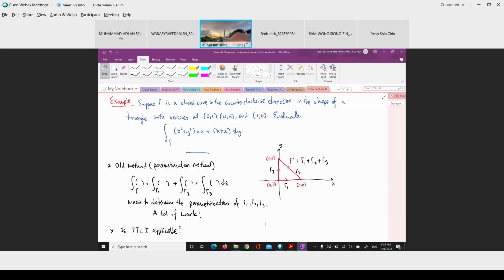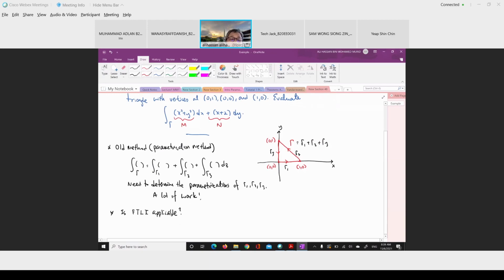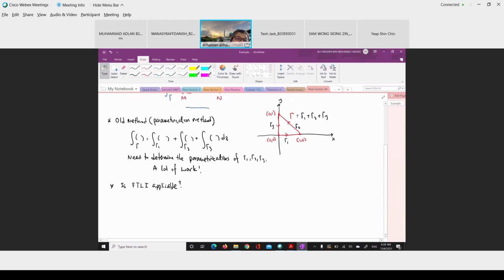From the given integral, we know that this is m and this is n, right? So we do what is called the conservative field test.